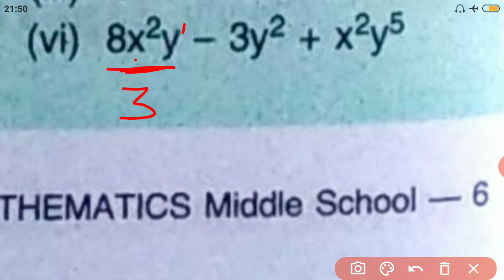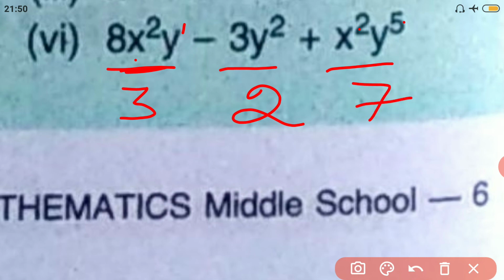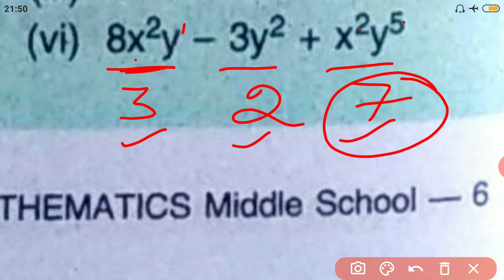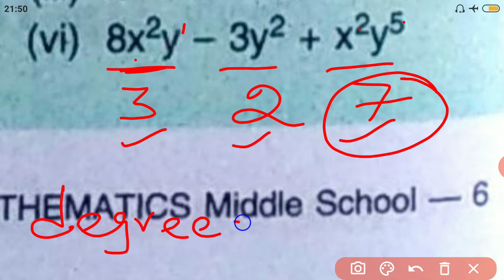Okay, and going to the next term, it is 2 only, because there is only one variable. Out here it is 2 and 5, so 2 plus 5 will give me 7. So out of these 3 numbers, which is the highest power? Obviously 7. So what's the degree? So degree must be equal to 7. I hope you people are understanding.